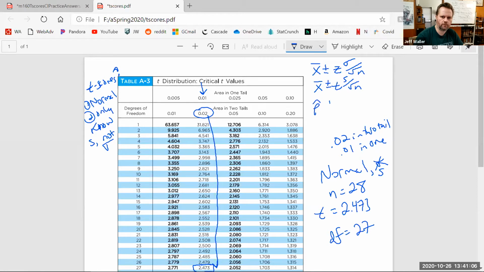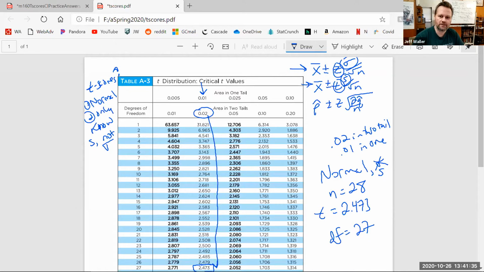And then, of course, we have the one we learned last time. This equation has a z in it, and that goes with sigma. This equation has a t in it, and that goes with s. The formulas are notes. You're not allowed to have notes, but you are allowed to have formulas. And some formulas are notes. Major loophole. Oh, well, can't do anything about it.